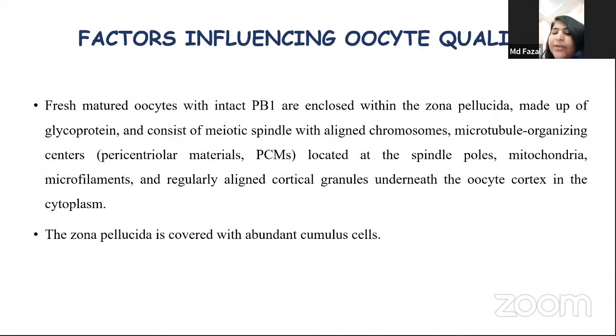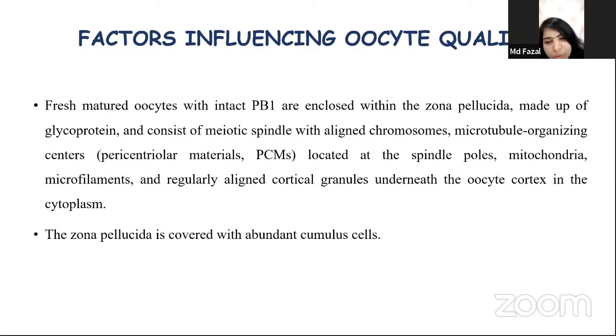What are the factors influencing oocyte quality? The fresh matured oocyte with intact features. Most important is the polar body. The M2 oocyte should have a polar body within the zona pellucida, because when there is a polar body, that means the oocyte has matured.